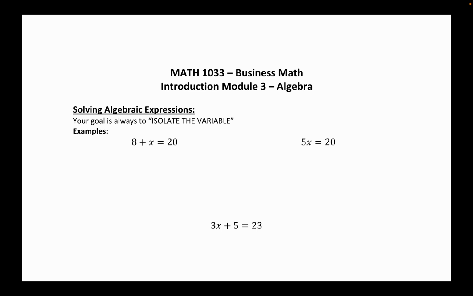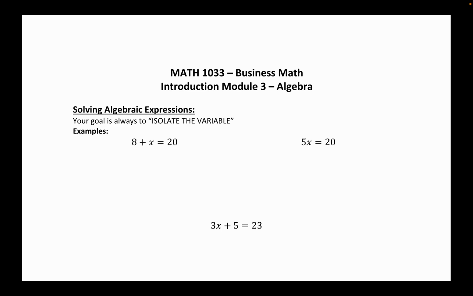So the first two examples, most likely you could do this in your head without really needing to rearrange. You could probably just solve this by logic and common sense. But I'm going to use these examples to show you the technique of rearranging these expressions.